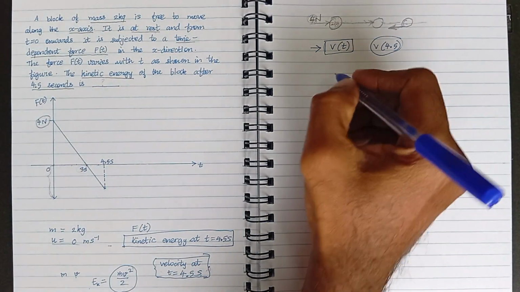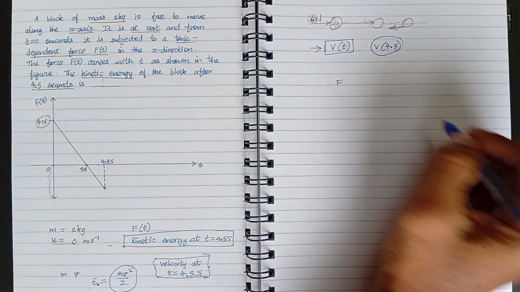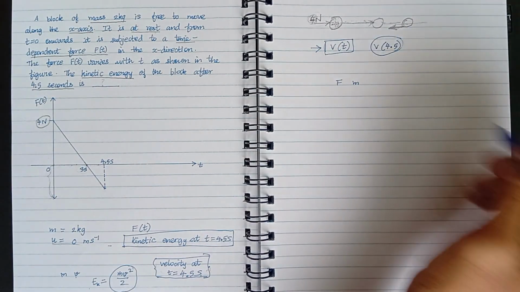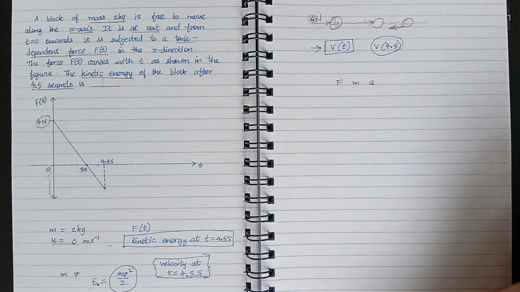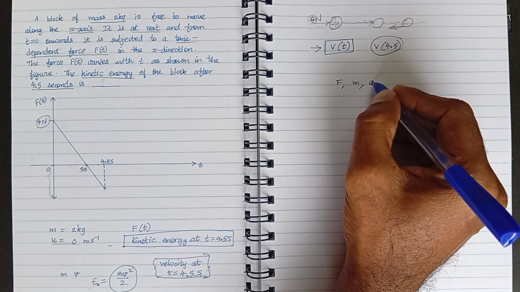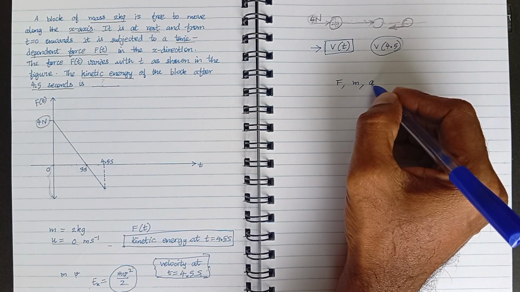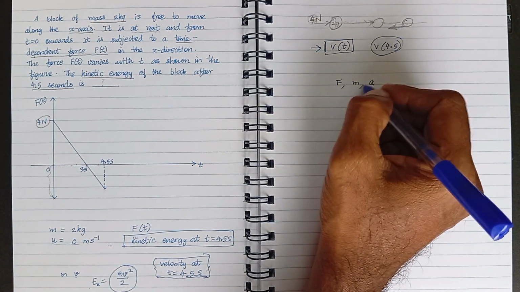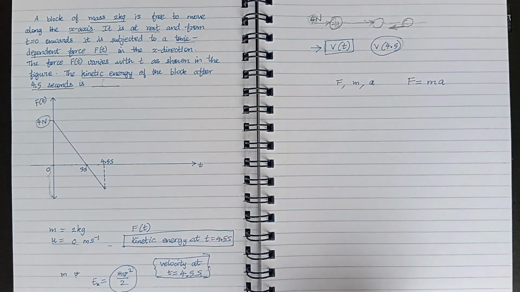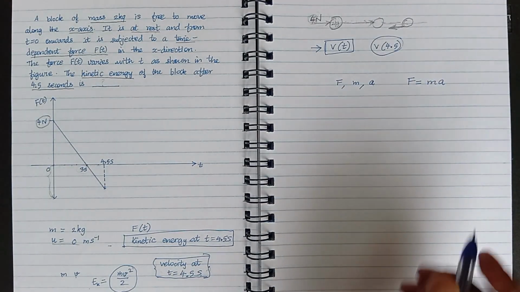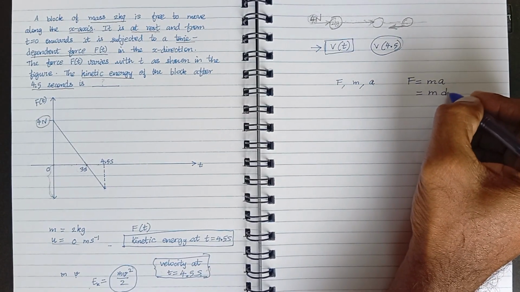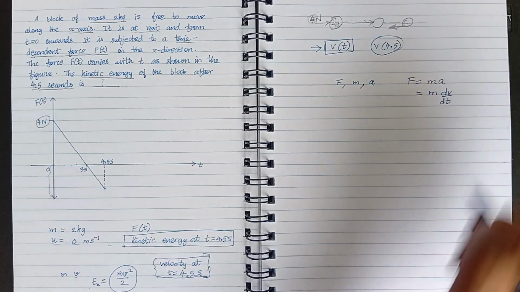Now let's say a force F acts on a body of mass m, and this causes this body to accelerate, and let's denote that acceleration by A. Okay, force F acting on a body of mass m and causes it to accelerate, and that acceleration is denoted by A, and these three quantities are related by F equal to mass times acceleration, right? Okay, so now what is acceleration? It is nothing but the rate of change of velocity, that is the first derivative of velocity.